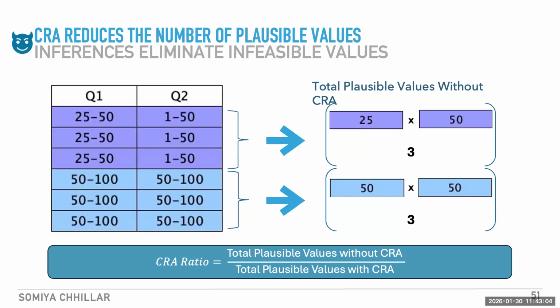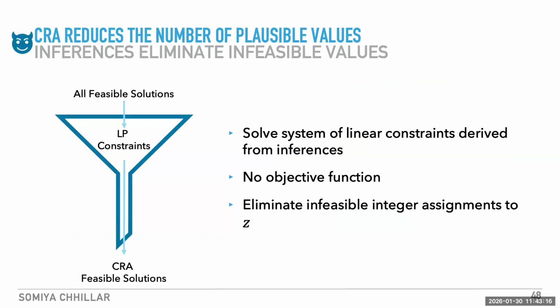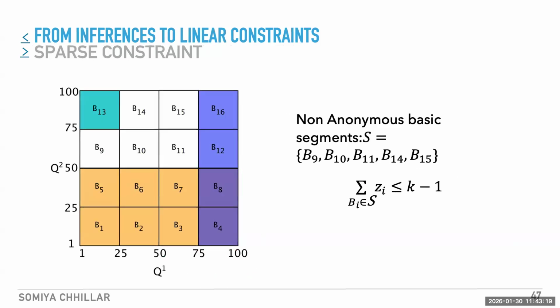I want to understand something basic. What is the ratio supposed to show? Is it supposed to show how much you're able to be anonymous? It's supposed to show that initially, when we start, there are certain ways we can distribute records in this grid. Initially we can distribute them arbitrarily in the anonymized equivalence class, but after using these constraints, there are only certain regions they can take up.